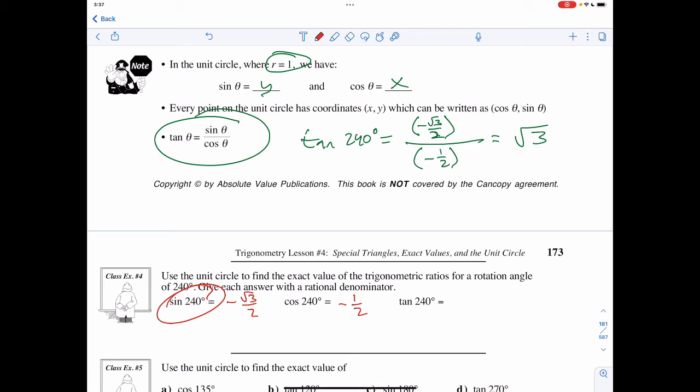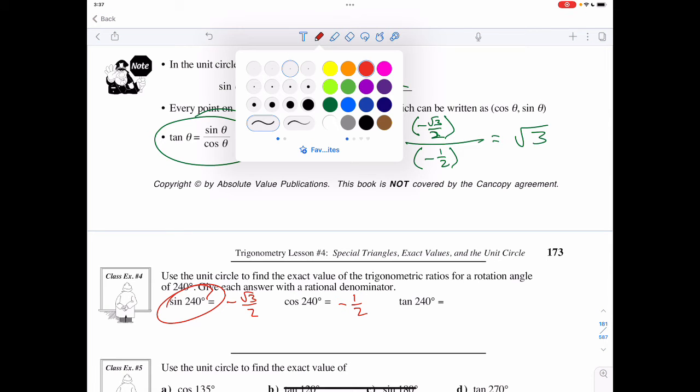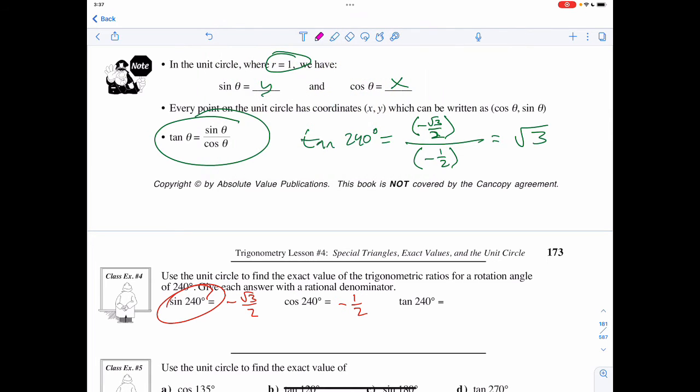And as I've already said, and if it makes it easier for you writing it out like this, which some people do, tan is just going to be my sine divided by my cos. And if it makes it easier for you to solve, just multiply by the reciprocal and simplify the fraction to get that root 3.